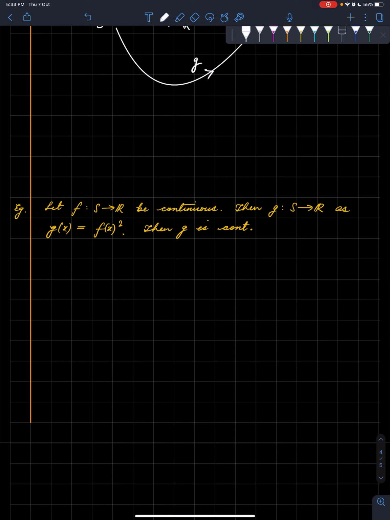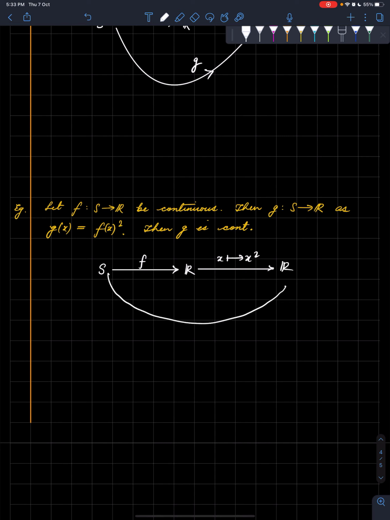Of course, this is not surprising, but using the lemma that we proved earlier, it's immediate, because f maps S to the real numbers, and then the square function, x going to x squared, is continuous everywhere, and this composite is precisely g. So therefore g is also continuous. And of course there is nothing very special about 2 here. You could replace this with any n, and still everything is fine.